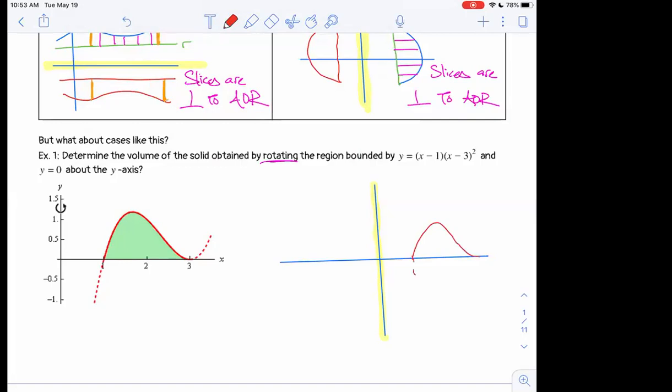And this is 1 to 3, okay? 1, 0, 3, 0. All right, so if I want to use washer method, and I'm drawing my reflection, we could draw the reflection like here. And that would give me the shape.